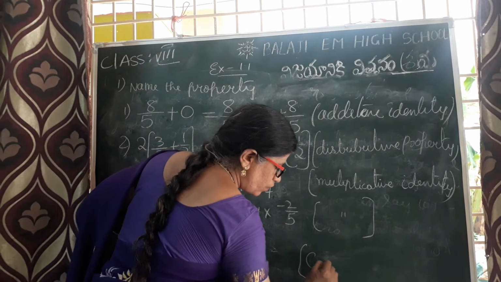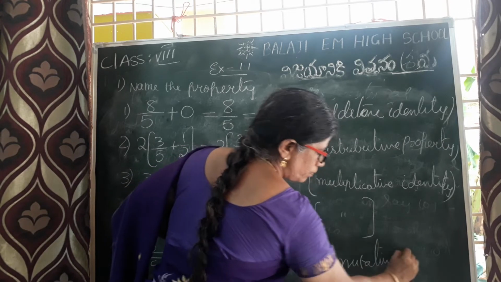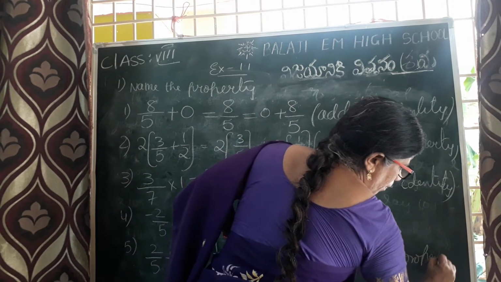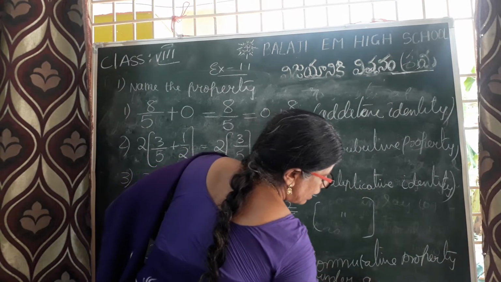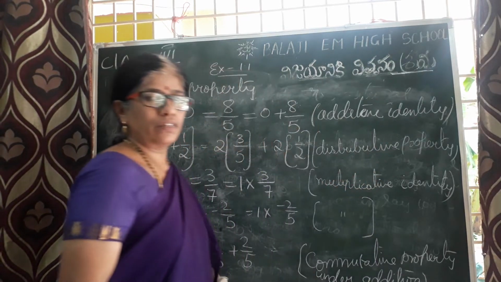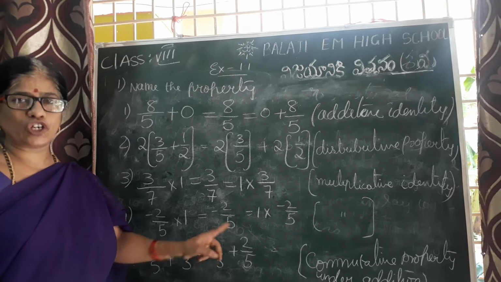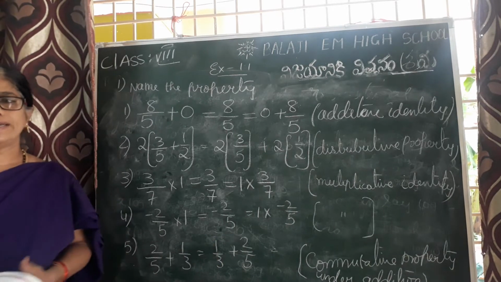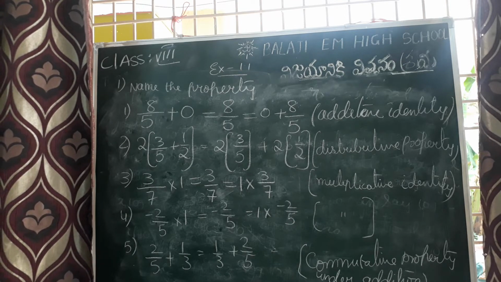So here we can write it as commutative property under addition. We have changed only the position of the rational numbers. Take a screenshot of it so that you can write the notes.